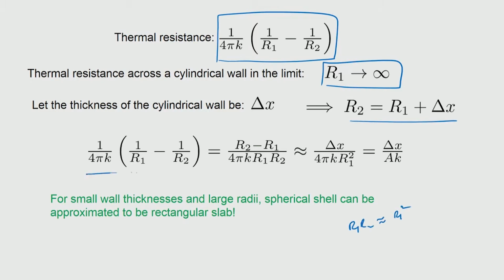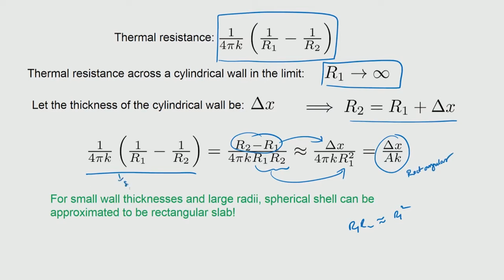So, we look at the thermal resistance: the difference is delta x, and the denominator we simply approximate as r1 square. Immediately we can see that 4 pi r1 square is nothing but the area at the radius r1, and therefore, again the answer we get is similar to the rectangular coordinate system.